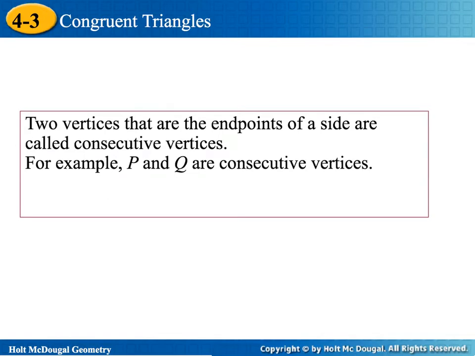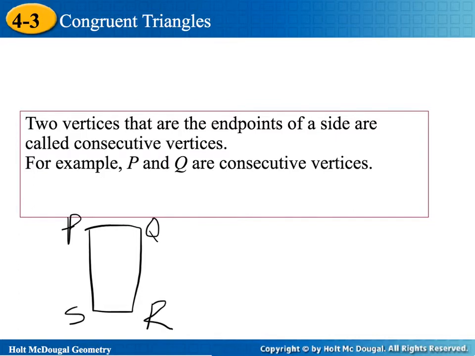Alright, so this is saying two vertices that are the endpoints of a side are called consecutive vertices. So let me redraw this rectangle they're talking about from the last example. This was a P here, this was a Q, this was an S, and this was an R. So to be consecutive vertices, P and Q, they're side by side. That's all it's really saying.